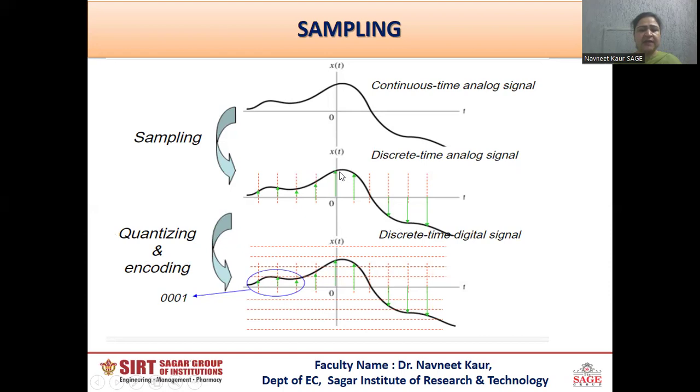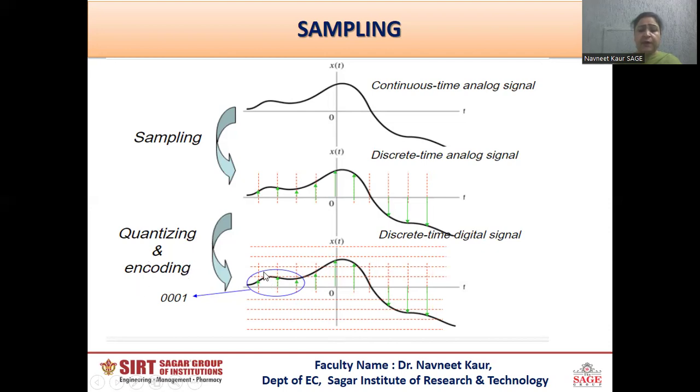Say if I have the sampled value at 4.1 volt or 4.3 volt, I can round it off to the nearest value, say 4 volts or 4.5 volts. So here the signal will be quantized to fixed levels. And now I will assign all these quantized levels a specific code through a process called encoding.